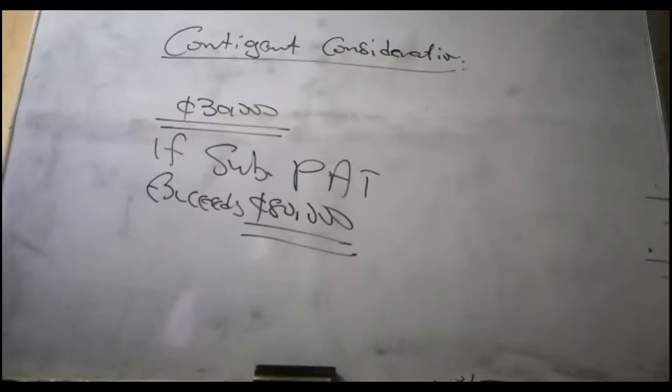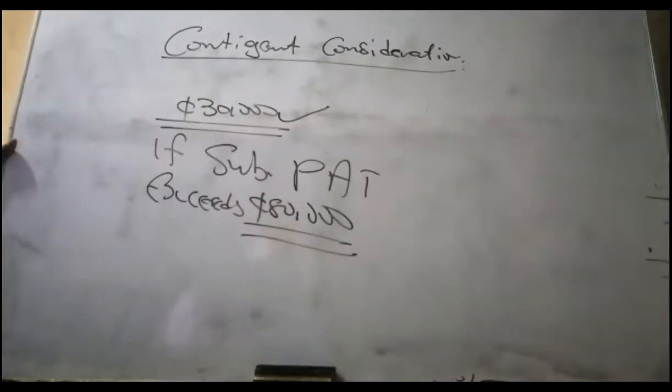Let's assume the fair value is still 30,000, so you are likely to pay this 30,000 to them. The standard says that at the end of every reporting period, measure the fair value, that is the likelihood of the subsidiary achieving this profit or condition, because if the subsidiary achieves that condition, you have to give that money to the subsidiary.